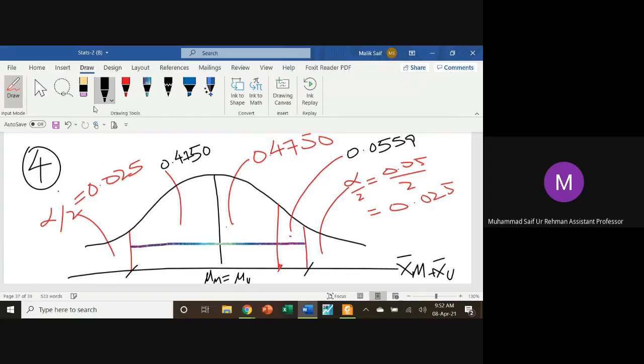So definitely 0.025 is up to this point, and a larger area is being covered by this value. As this value is here at this point, it means that it is in the acceptance region. The probability value is larger than alpha, so you are in the acceptance region. It means that you would remain unable to reject the null hypothesis.